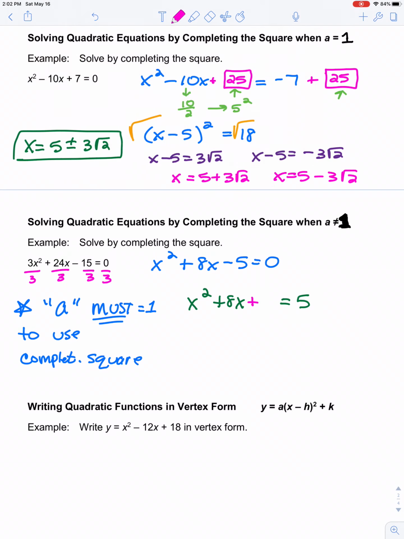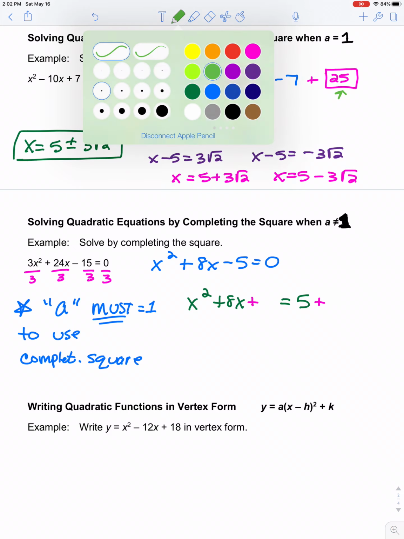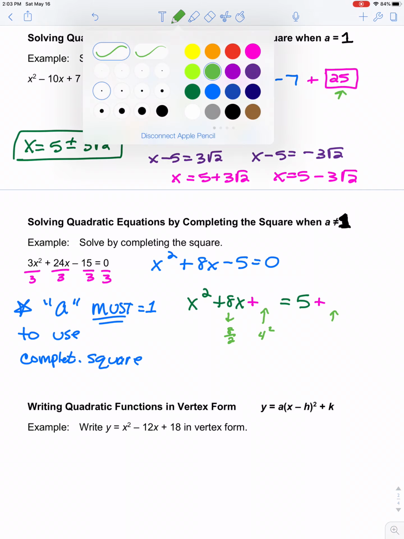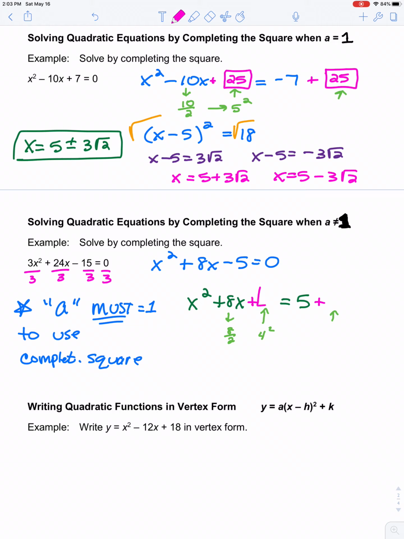So what are you going to add to both sides? Remember, half of 8 is 4, and then 4 squared gets placed up inside the box on both sides. So we have 16.